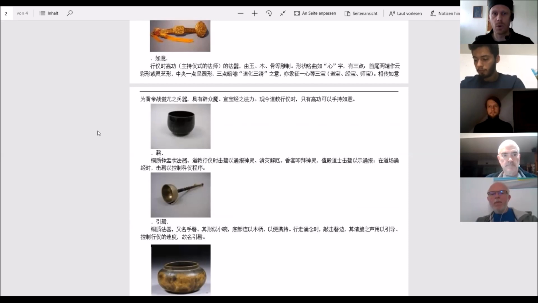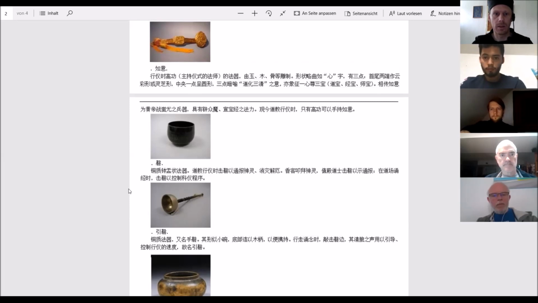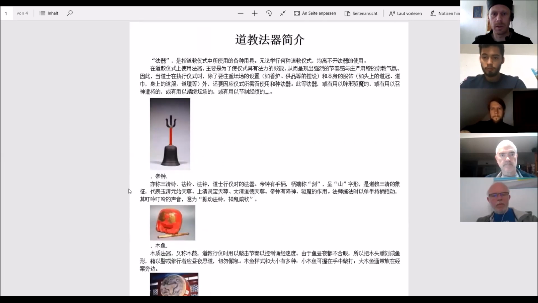Maybe it's 1, 2, or 3, or maybe 9 or even more musicians playing the melodies, and then the Daoist priests can recite the text or sing the melodies. So usually during a big ceremony you have more instruments, but for the basic setup, the Zhaowangongke, for example, the morning and evening recitation, you have these 7 instruments.